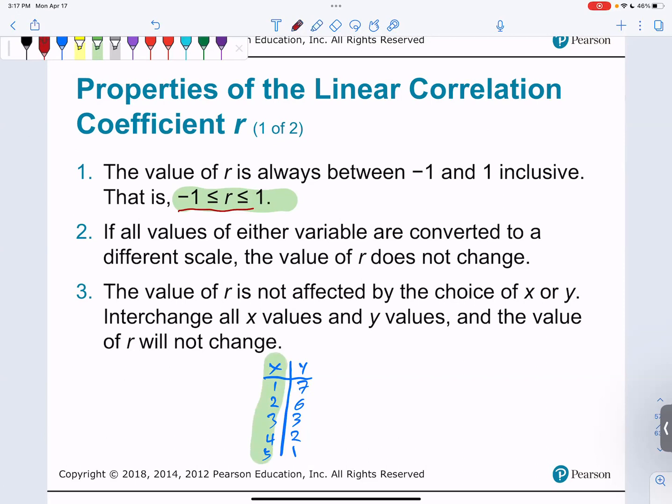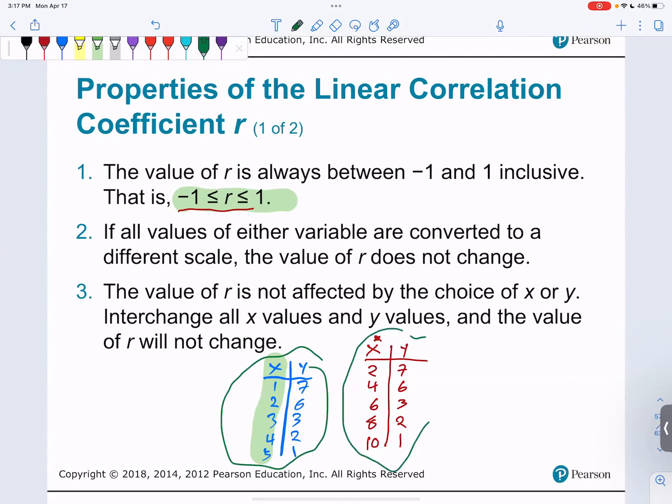So we have the new variable, X star, for example, equal to X times 2. It will be 2, 4, 6, 8, 10. And then we have the same Y, which is 7, 6, 3, 2, 1. So if we calculate r here and here, it will be exactly the same, okay? And remember, when we study correlation, we don't have any variable.